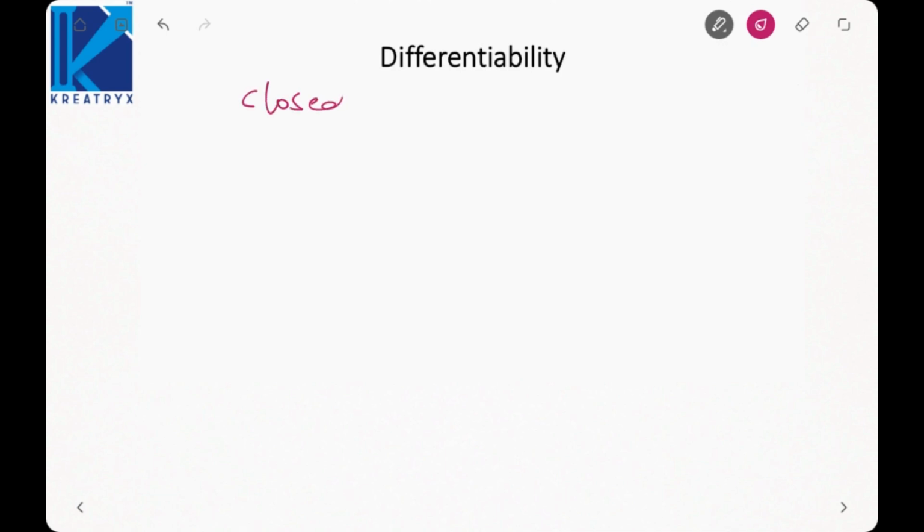So if we talk about a closed interval, then it will be like A to B. Now if you see point A, since we haven't included any point before A, that means we cannot calculate the left hand derivative at A. Because to calculate the left hand derivative, you need a point just before A, but my interval begins only at A. Similarly, to calculate the right hand derivative at B, we will need a point that lies just after B. And as you can see, the interval ends at B, there can be no point just beyond B.